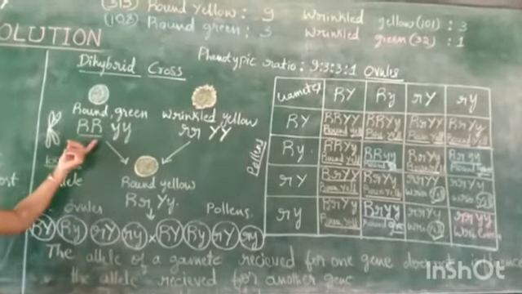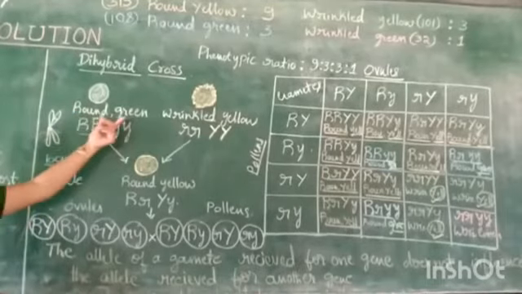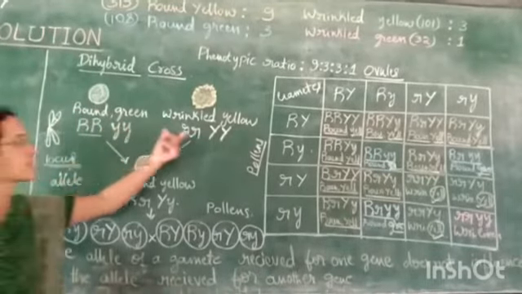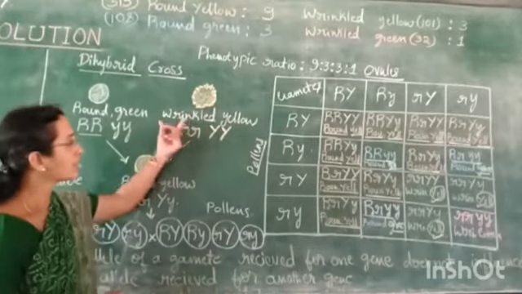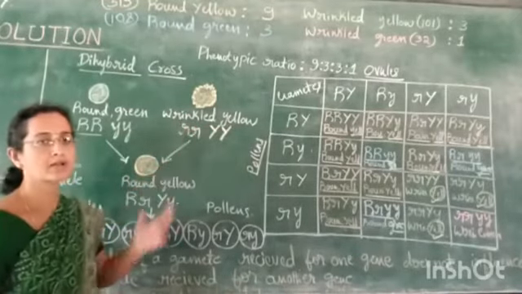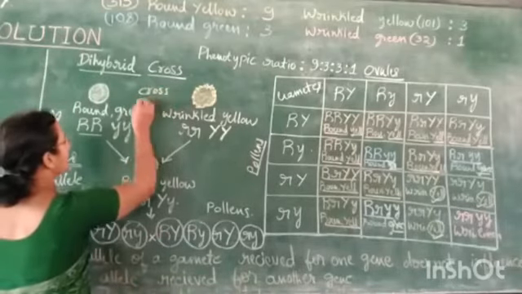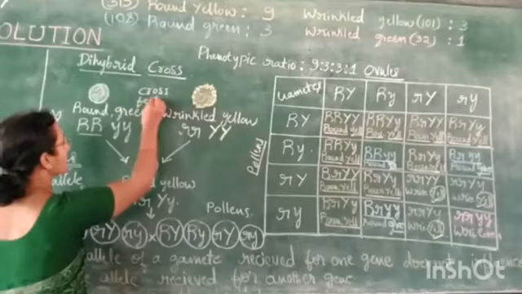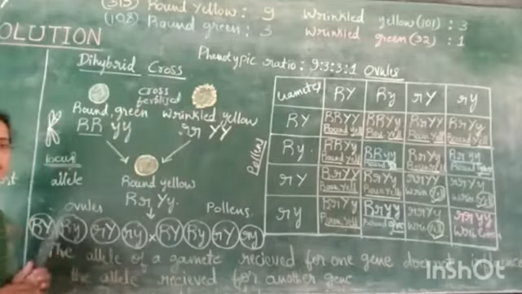One plant was having round shape and green color seeds, whereas another plant was having wrinkled seeds with yellow color. So when he cross-fertilized these two plants, he obtained certain seeds.